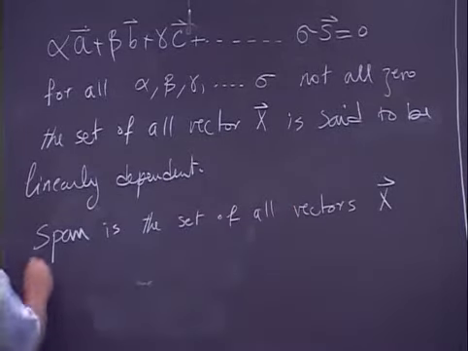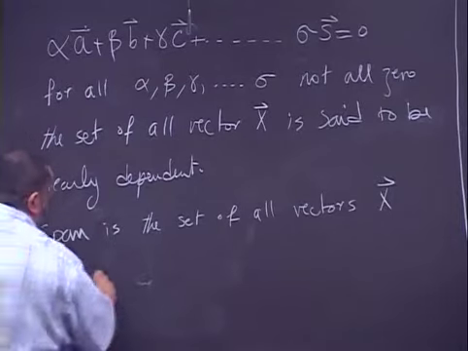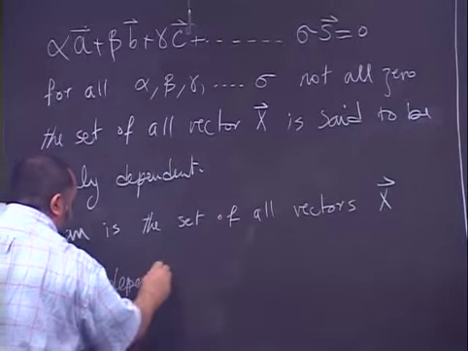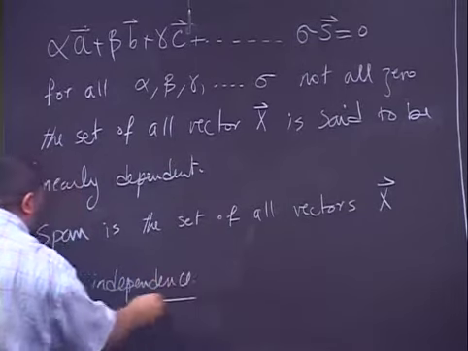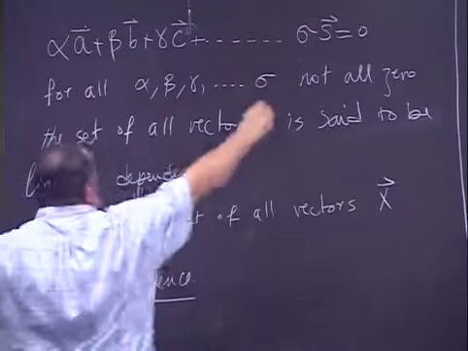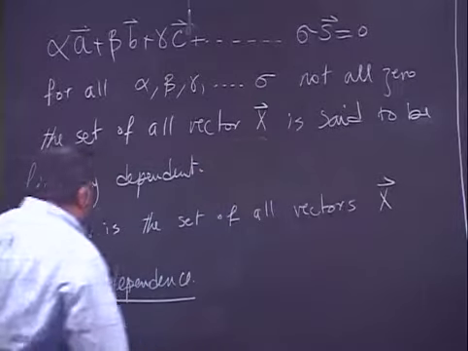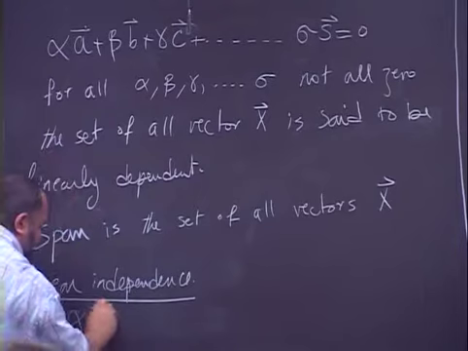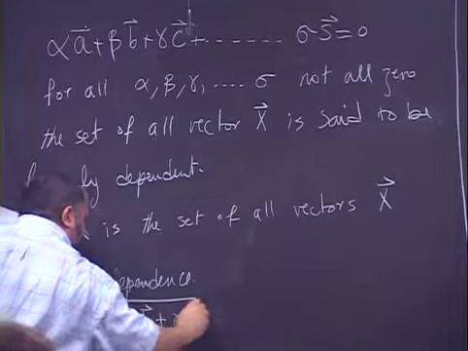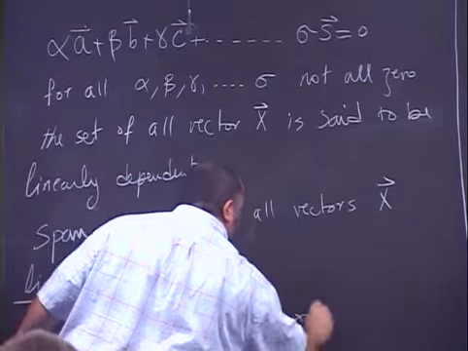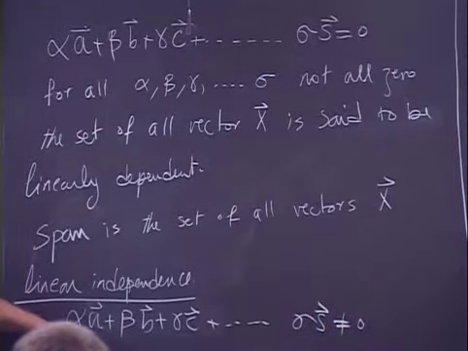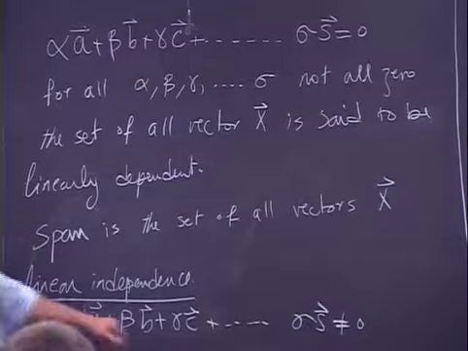So let's move on and define linear independence. Linear independence is exactly the same as this one, but the sum is not equal to 0. If we have alpha multiplied by a vector A plus beta multiplied by a vector B plus gamma multiplied by a vector C up to sigma multiplied by a vector S, and this does not equal 0, then I cannot represent any of those vectors as a linear combination of the rest.